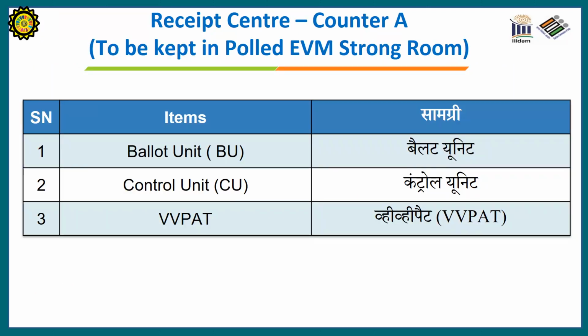Now we will see what to receive at different counters. The first counter, counter A, will be known as the polled EVM strong room.